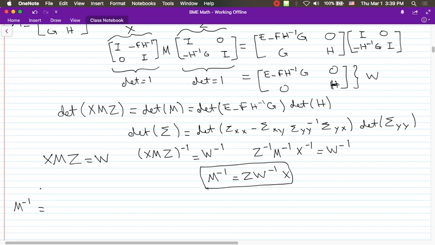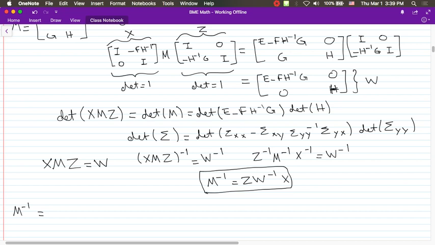Well, that's equal to Z times W inverse times X. Here was Z. So that's I, 0, minus H minus 1 G, I. That's Z. I need to find W inverse.